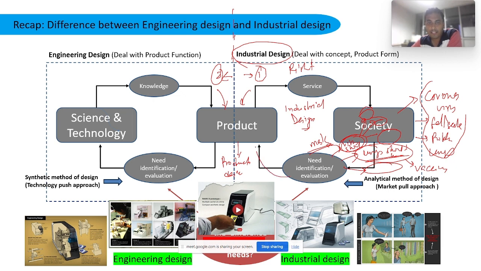Now, as an industrial design practice, you make various concepts. So concept one is probably a mask. Concept two is probably you come up with some vaccine formula, something like that. So here the feasibility of a particular concept is not much.